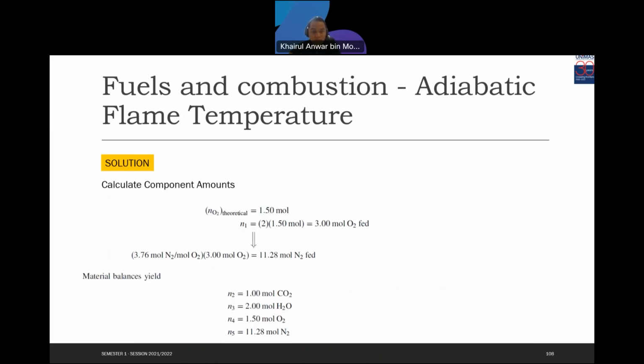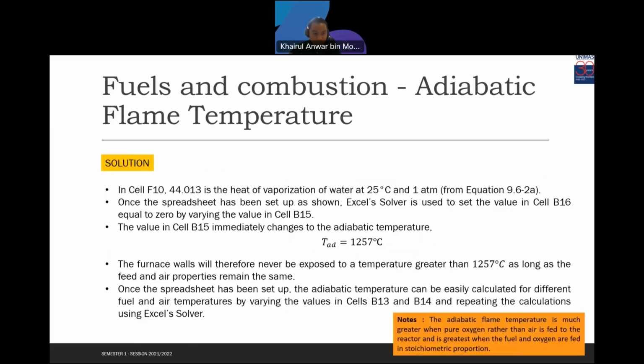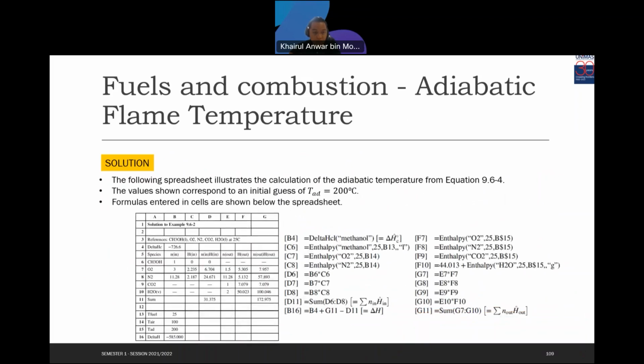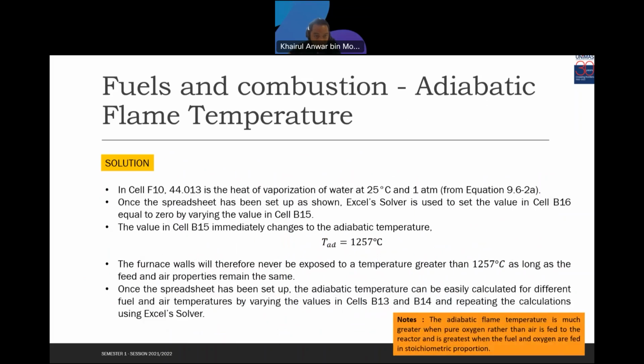To solve this equation there's no other way, we need to use Excel, and the temperature T ad is 1127 degrees C.